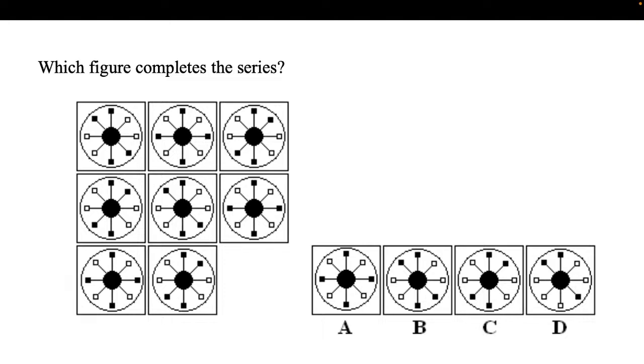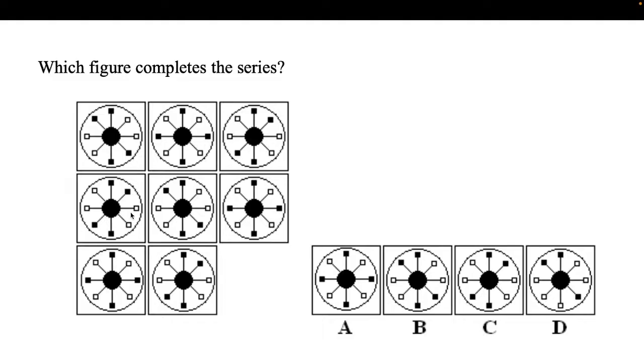Which figure completes the series? Right, so what we are seeing here, we have two black lines and two white lines going diagonally. Here the black lines are going vertically and horizontally, whites are going diagonally, and here again there's the horizontal pattern.